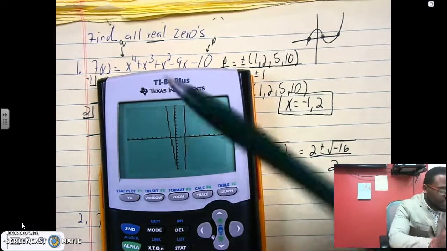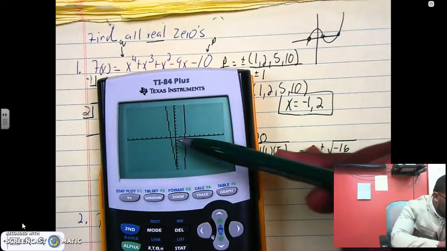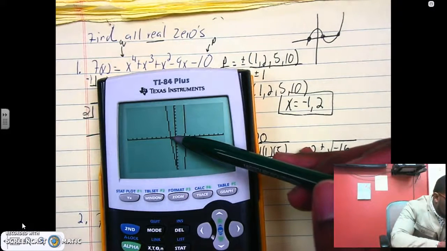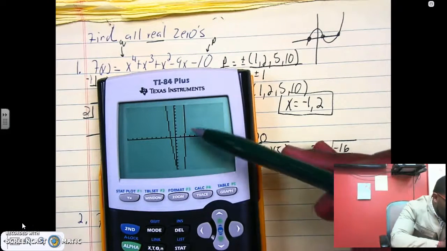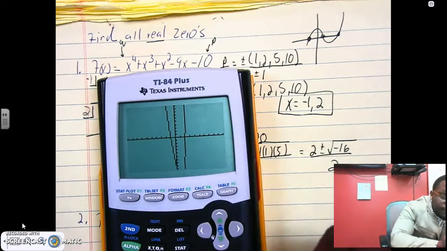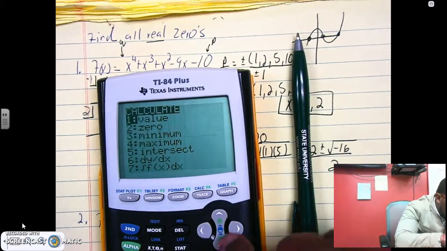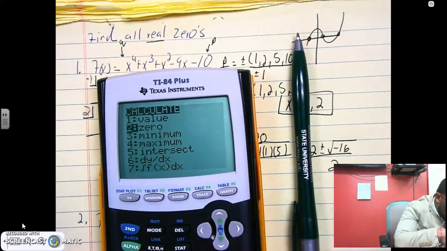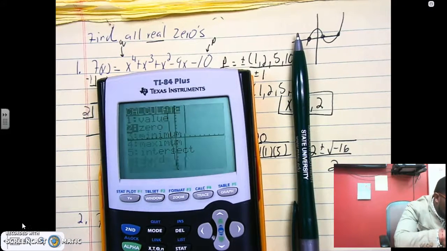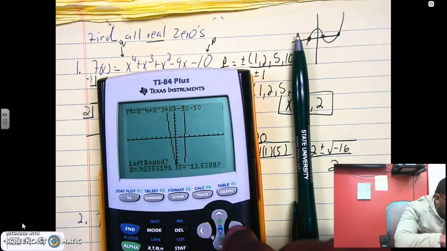If you notice, can't you see that this is crossing the x-axis at negative 1 and at positive 2? And if you didn't believe me, you can go to second and trace, and I want to find a 0. That's what we're looking for. Zeros, right? Zeros, roots, solutions, x-intercepts, all mean the same thing.